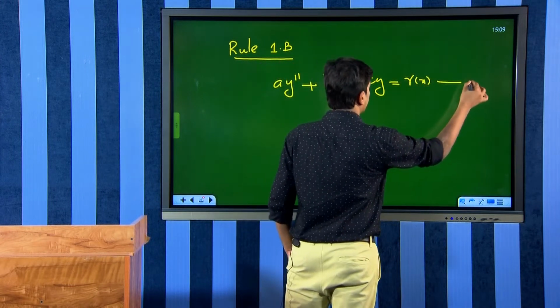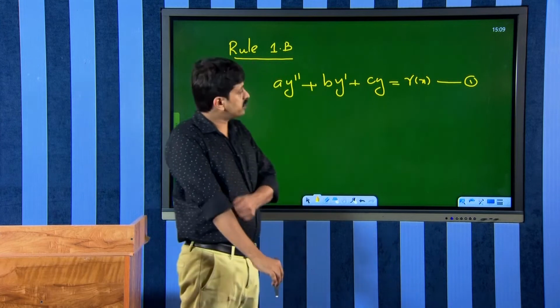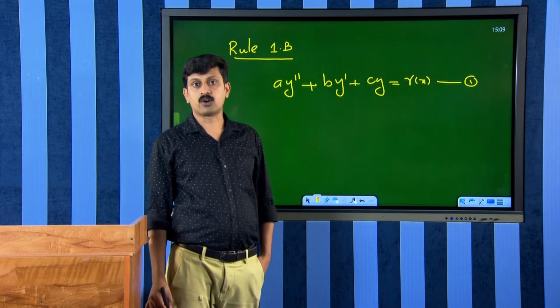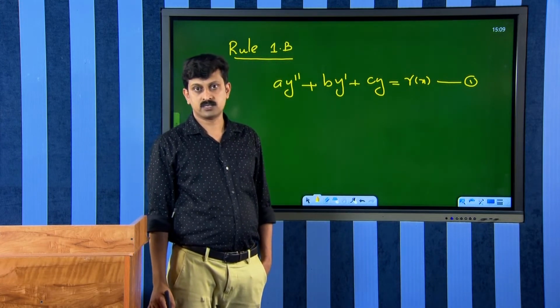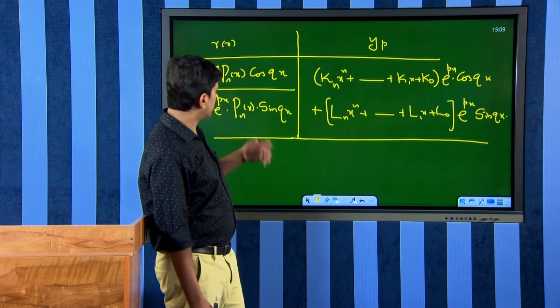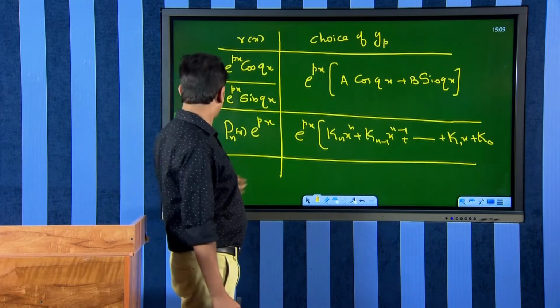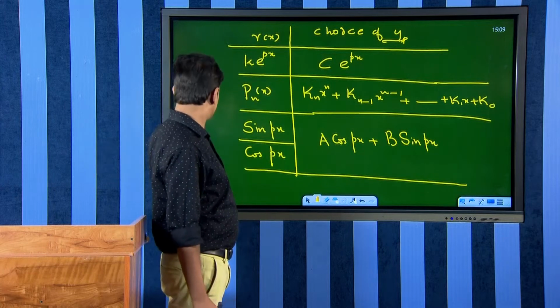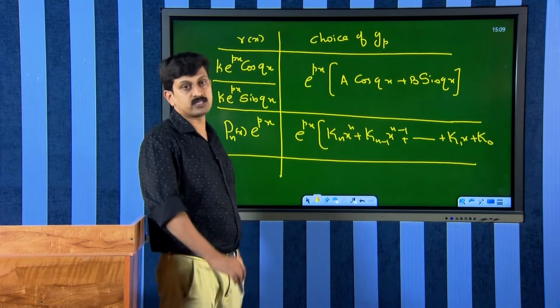This is our first equation. See dear students, this r of x is the non-homogeneous part. We already discussed that r of x may have 7 different choices.